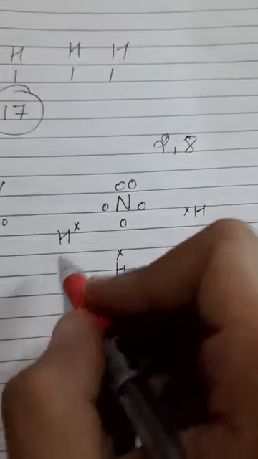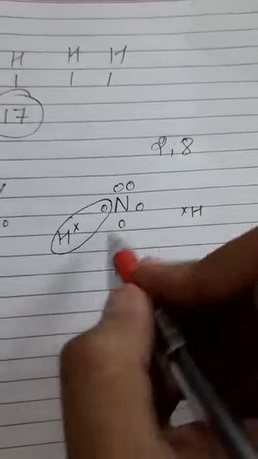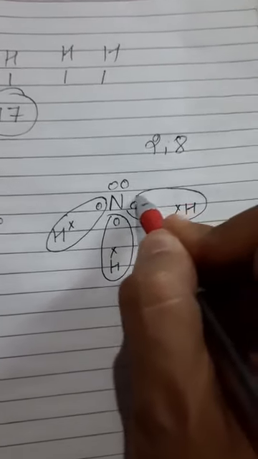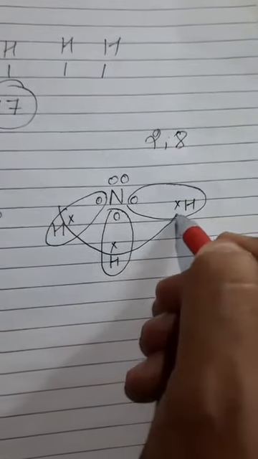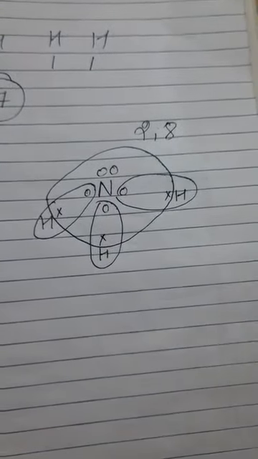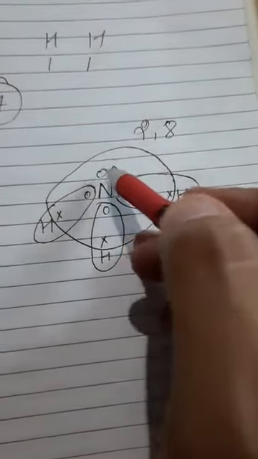So the hydrogen outermost shell is to be like this. It contains only one electron, so it will be stable like this, like this, and like this, right? And nitrogen will be stable like this. So this is the electron dot structure of ammonia. Clear? One lone pair remains here.